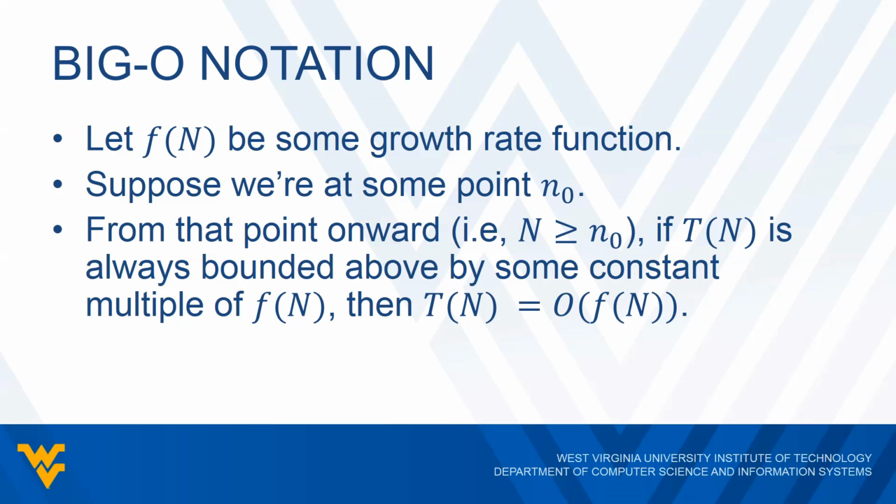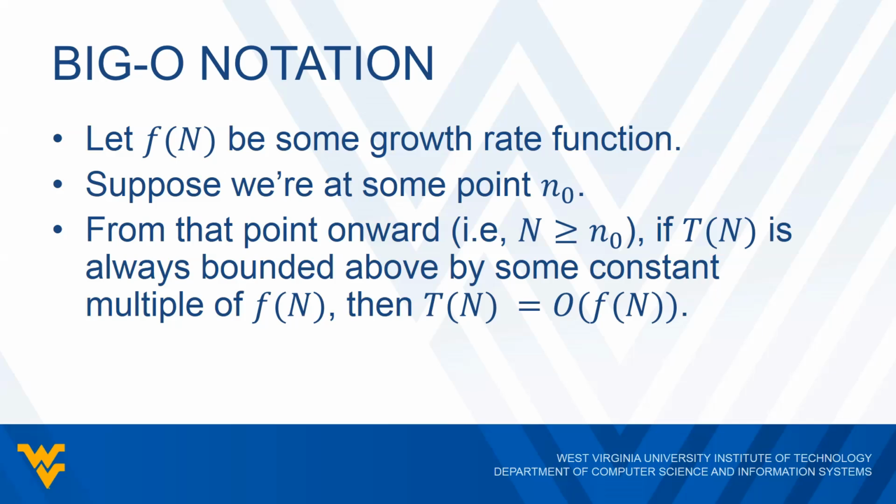From that point onward, or in other words, when n is greater than or equal to n naught, remember that this part is part of our definition, if t of n is always bounded above by some constant multiple of f of n. So that's where we said if t of n is less than or equal to c times f of n.